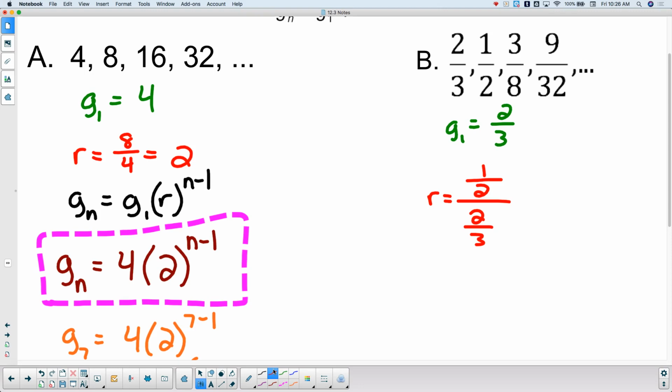What you got? Okay. So I got to reciprocate it, and when I reciprocate it, that means I do what with it? But then what do I do? Multiply. Yep. Okay. So I flip and multiply.